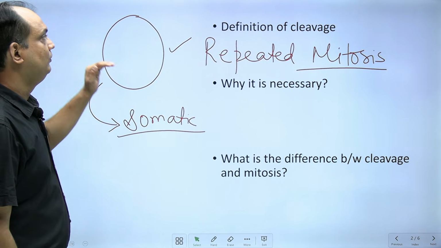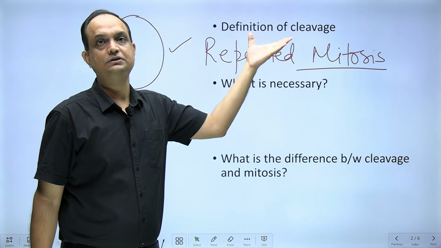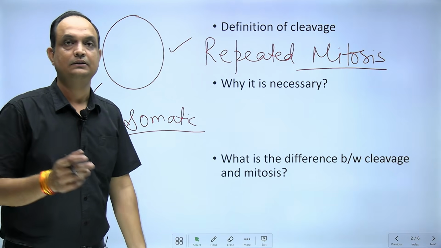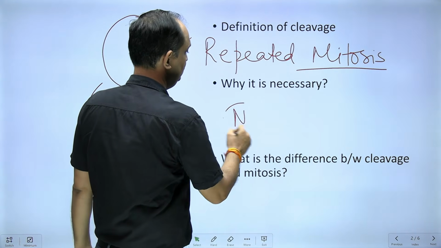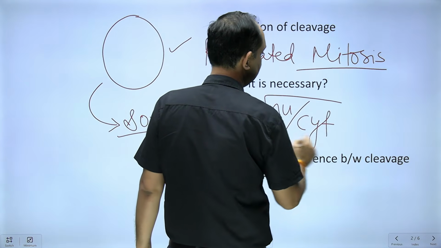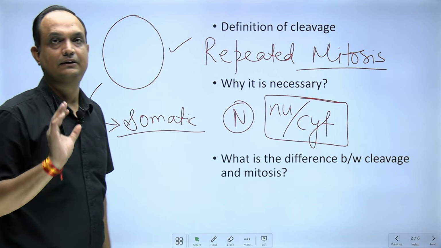Clear? So the need of cleavage is to decrease the cell size to regain the normal nuclear cytoplasmic ratio of the human somatic cell.